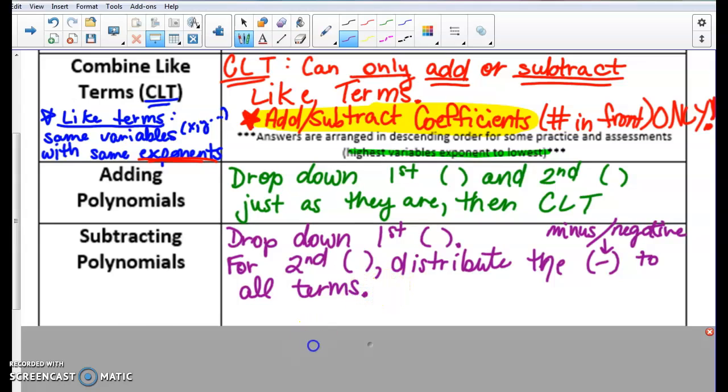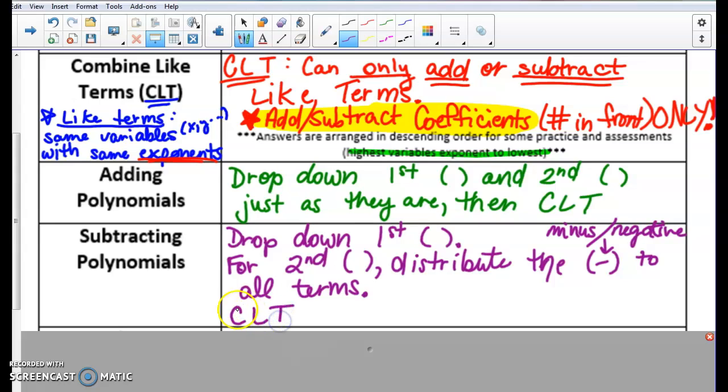There we go. And now, last step, we're going to combine like terms. So we have three parts when we're subtracting. First, we drop down that first parenthesis. Second, we distribute our negative symbol, our minus sign. And lastly, we combine our like terms.